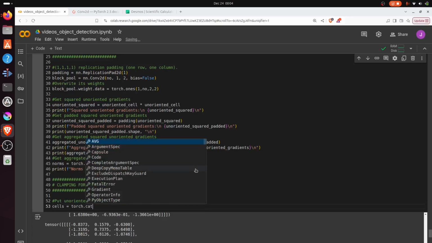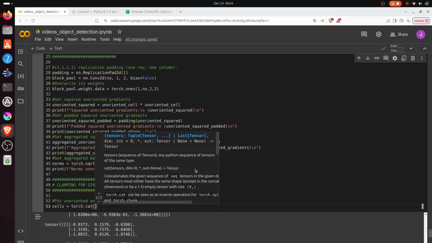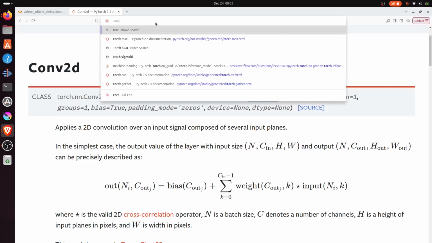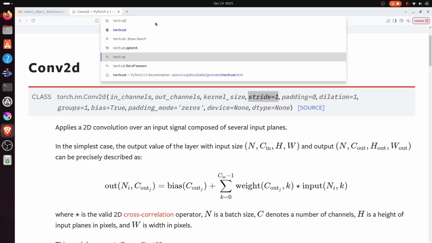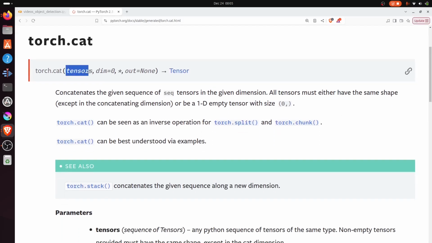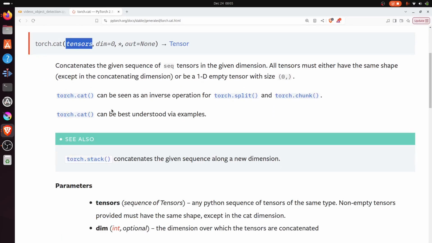So we're going to do torch.cat, which we saw how it works in previous videos. Let's actually recall that. So let me close that down. So torch.cat. Remember that it takes the tensors that you want to concatenate, and you also specify the dimension along which to concatenate. By default, it is going to do it along the rows.